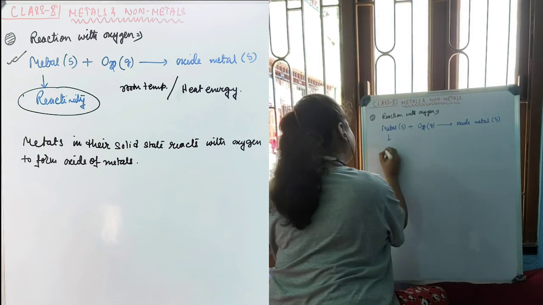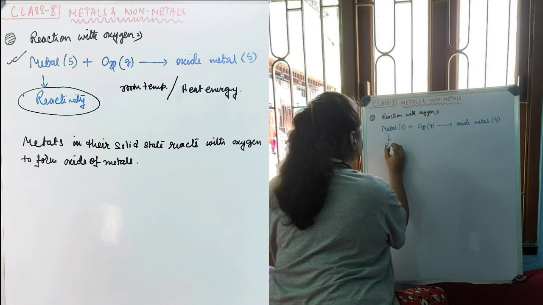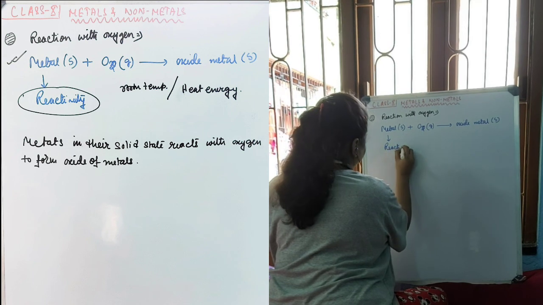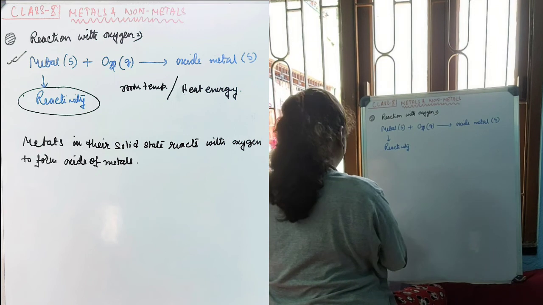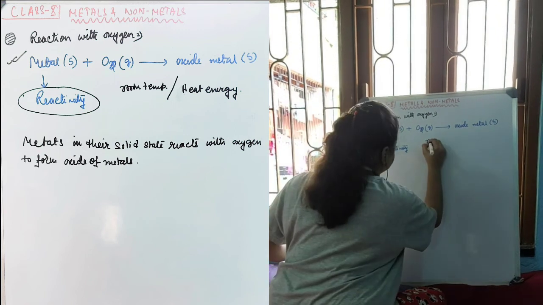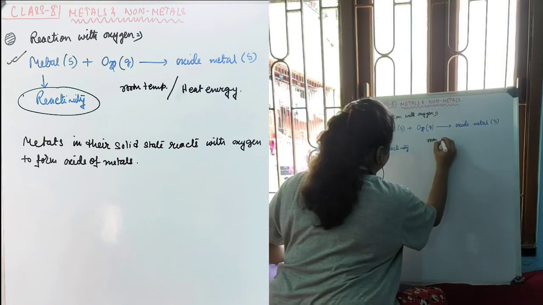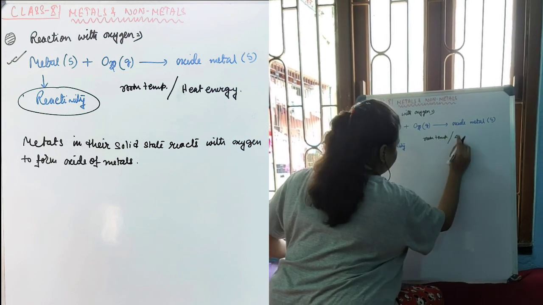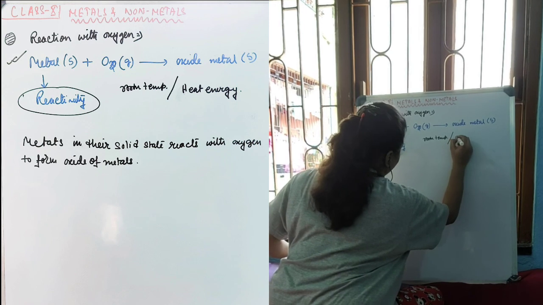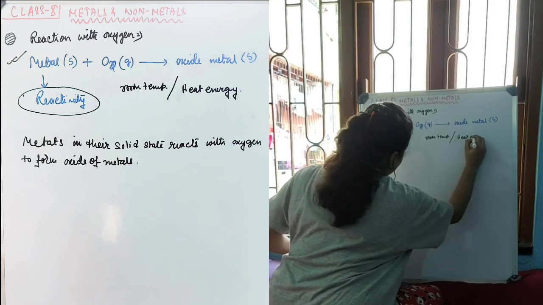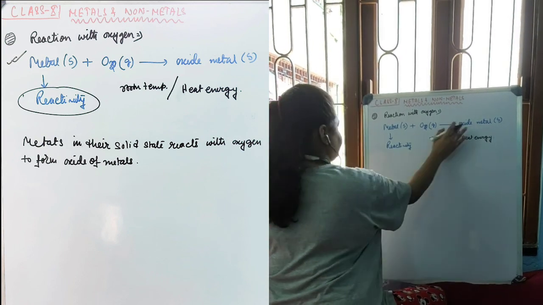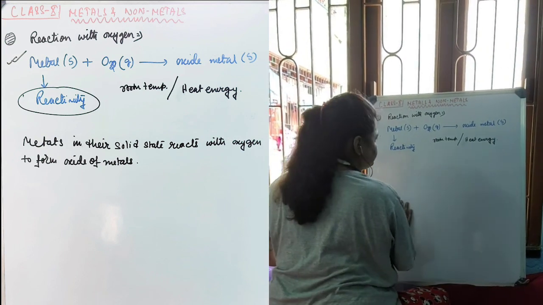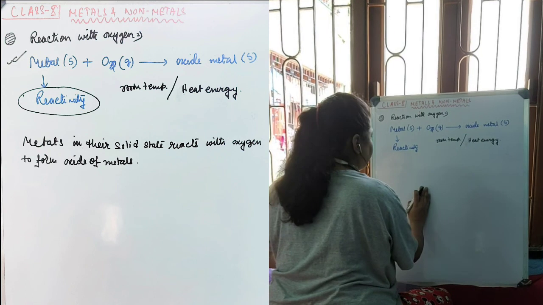Now, depending on the reactivity of the metal, this reaction may happen at room temperature or some amount of heat energy is required to do this reaction of metal with oxygen to produce oxides of metal.